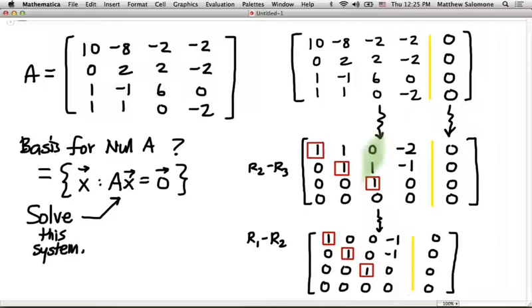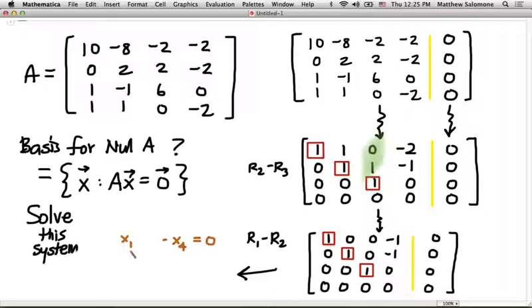And so how do we find the solution of this homogeneous equation in its parametric vector form? Let's write the parametric vector form by converting this from a matrix back into equations with variables in them. So our first equation would read x1 minus x4 is equal to 0.